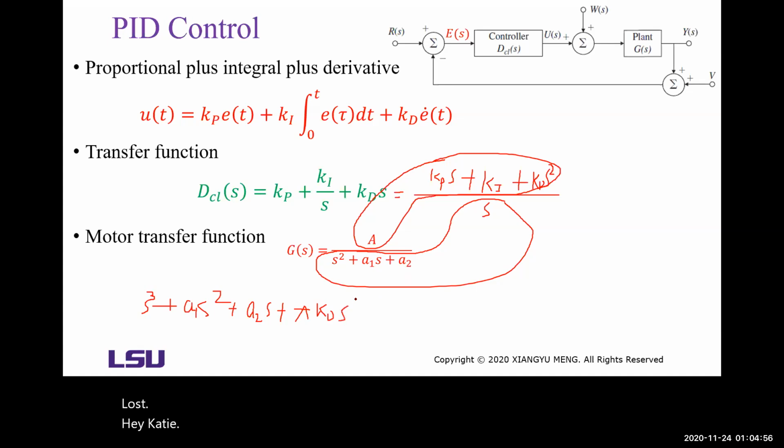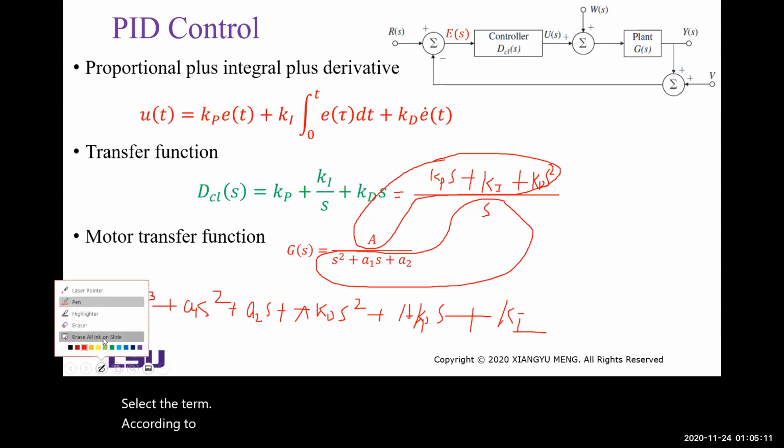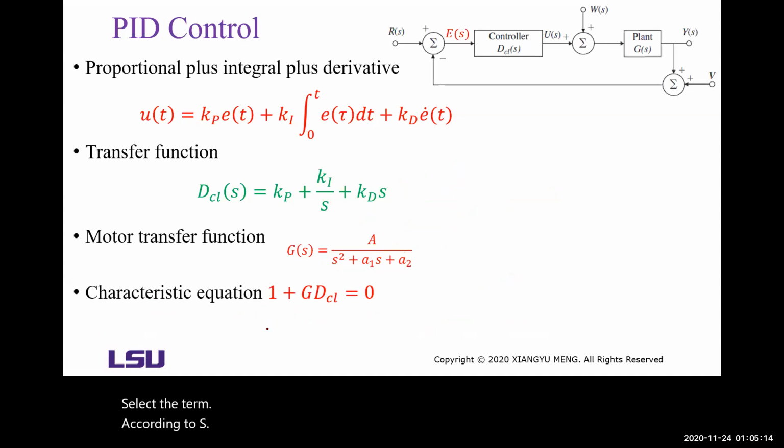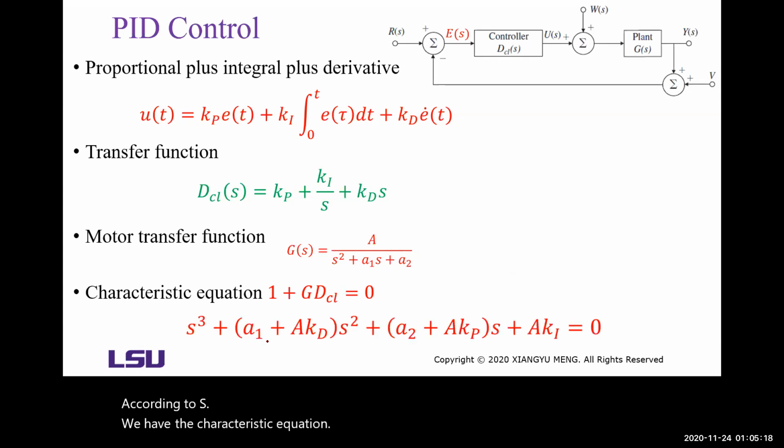s^2 plus a Kp s plus Ki. If we collect the terms according to s, we have the characteristic equation shown here.